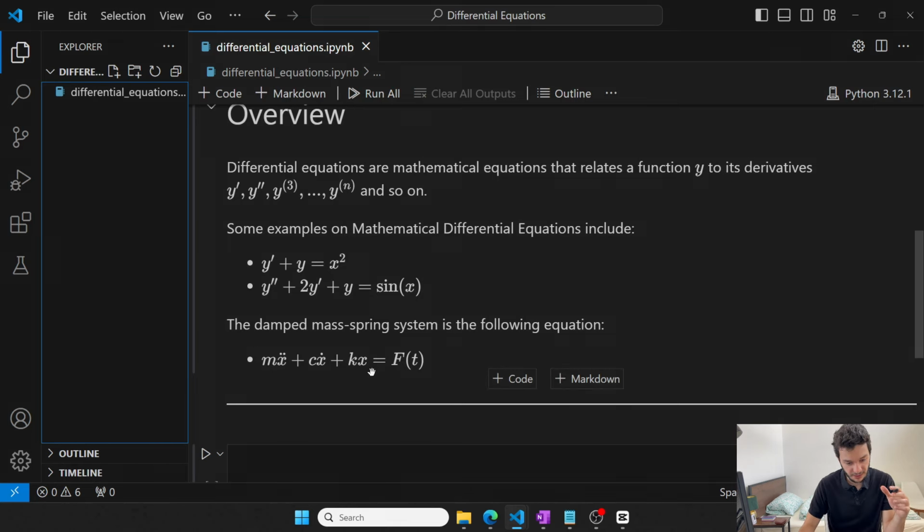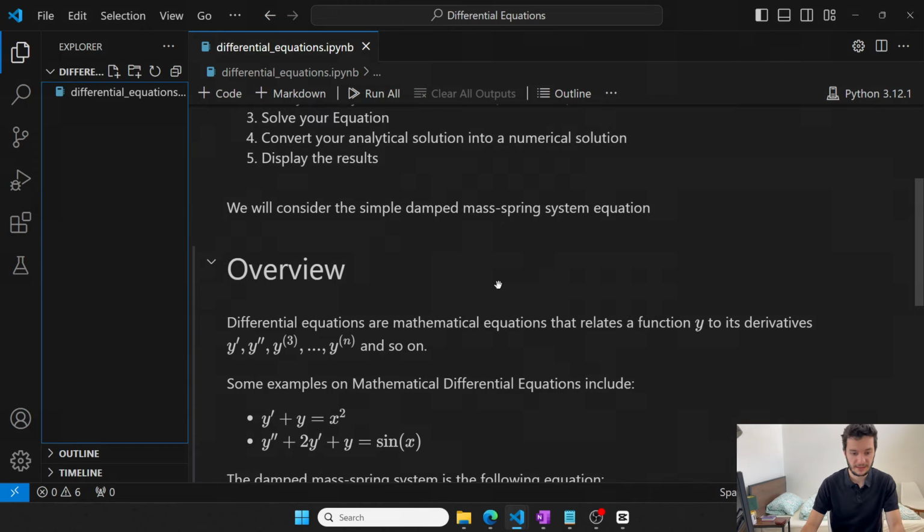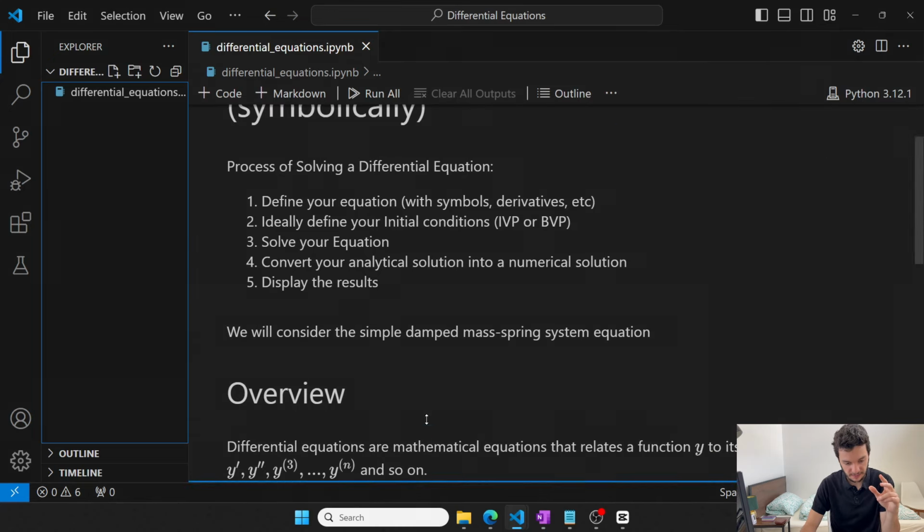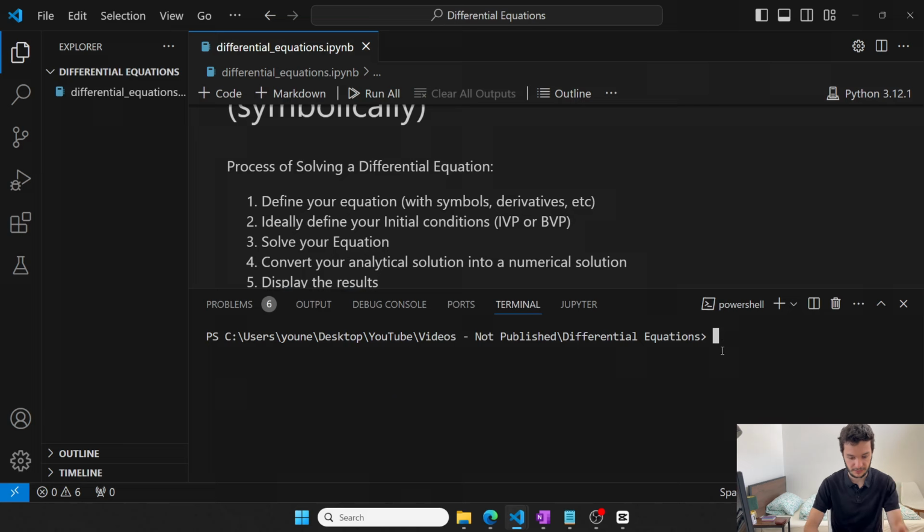Whenever you have such a differential equation, it is actually good practice to have a factor of 1 in the highest order derivative. We said that here we use the SymPy library. Now, if you don't have SymPy installed, you go to your pip installer and run pip install sympy.